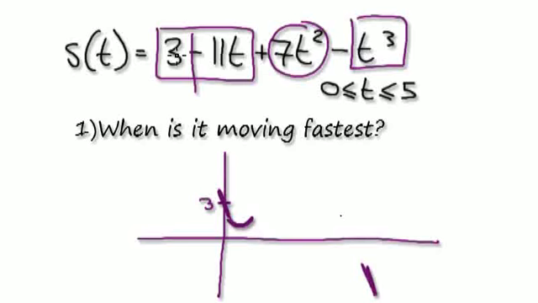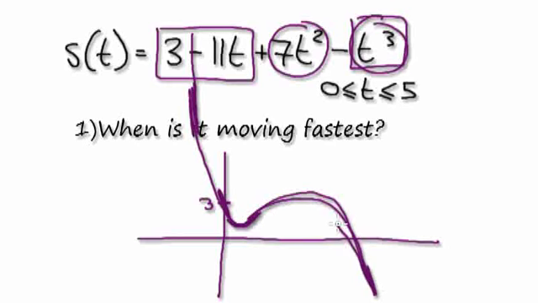So now remember, when t is big, it wants to do a negative cubic. So maybe we can guess it to be something like this. It's going to go up, and then we're going to guess it to be something like this. Because you know that there's a turning point here and there's a turning point here, you could, if you wanted to, find out the exact coordinates here and here.